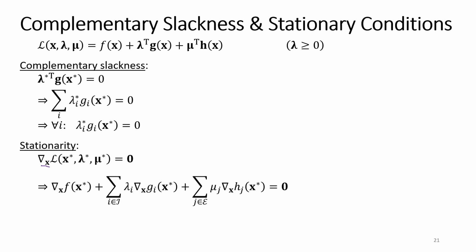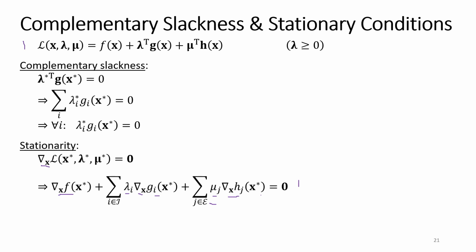Since we know the expression for the Lagrangian, this implies that del f of x star plus summation lambda i del of g i of x star plus summation mu j del of h j of x star must be equal to 0.